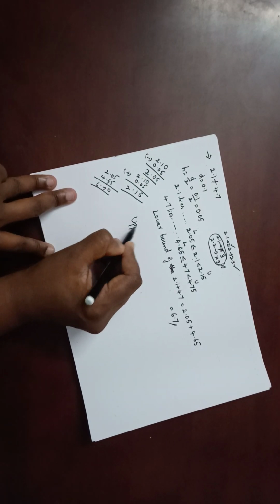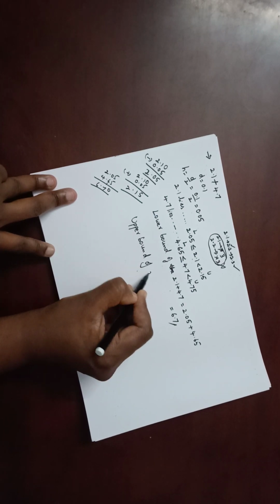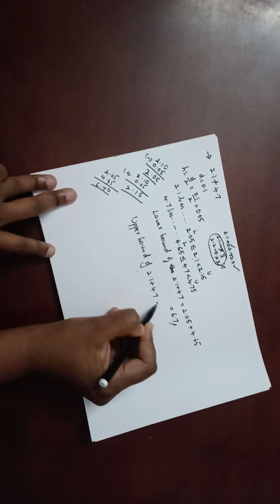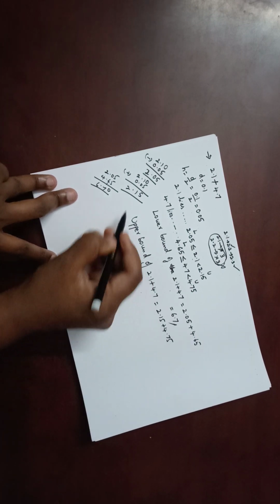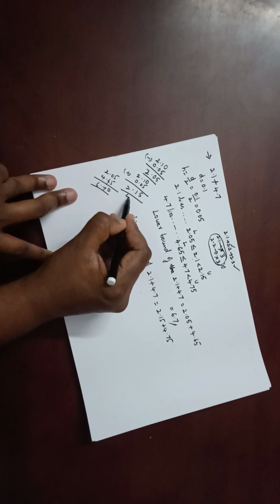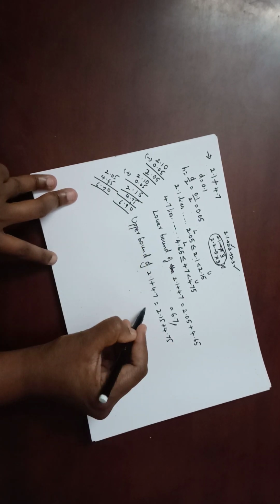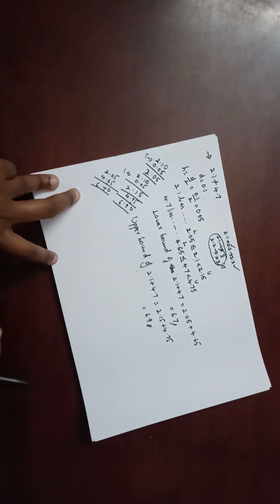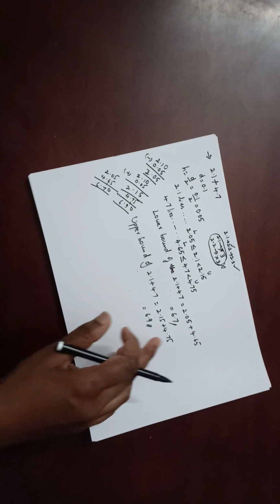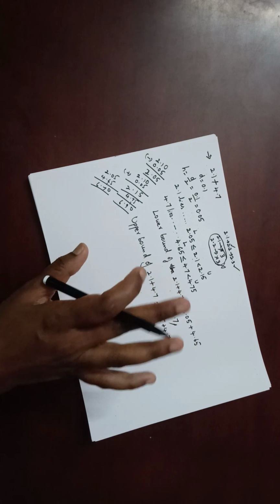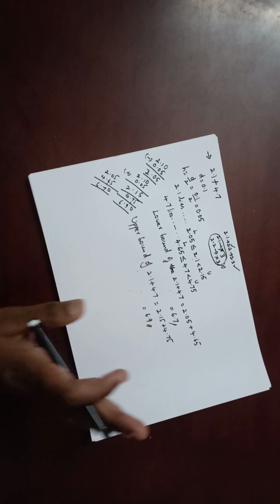Upper bound of 2.1 plus 4.7: for upper bounds you should add 2.15 plus 4.75, which is 6.9. So when decimals are given, you should see what your D is, and according to that you do the problem. The method is the same.